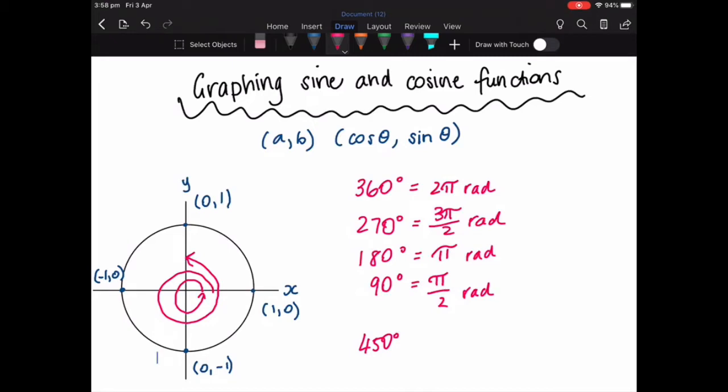Well, we know that 90 degrees is pi over 2, and we know that 360 is 2 pi, so we can actually just go 2 pi plus pi over 2. There's other ways you could work this out, but we'll do it this way. Multiply the first fraction by 2, and you get 4 pi over 2 plus pi over 2. Now we've got the same denominator, we can add them, so you get 5 pi over 2.